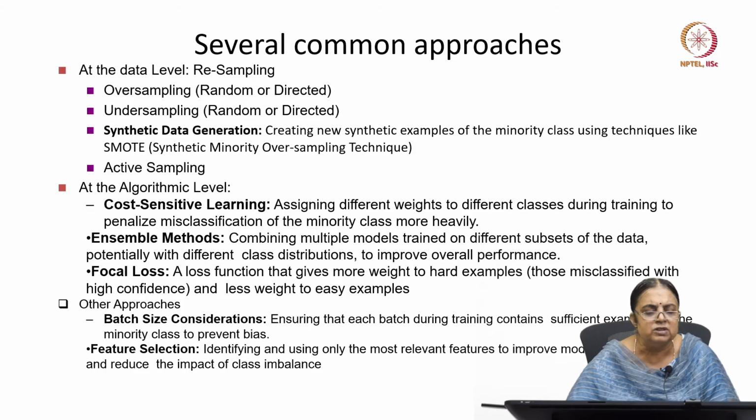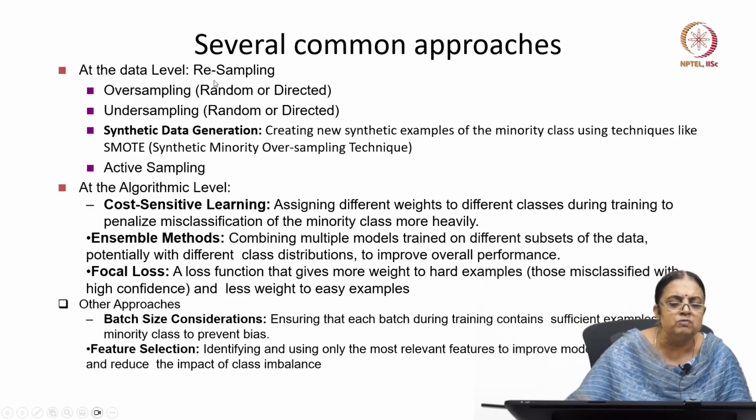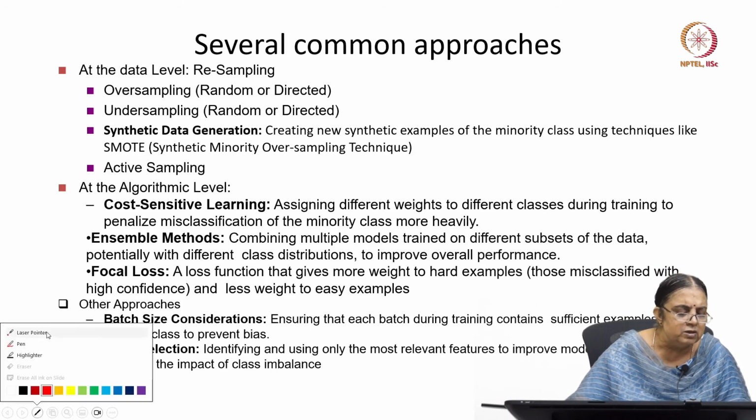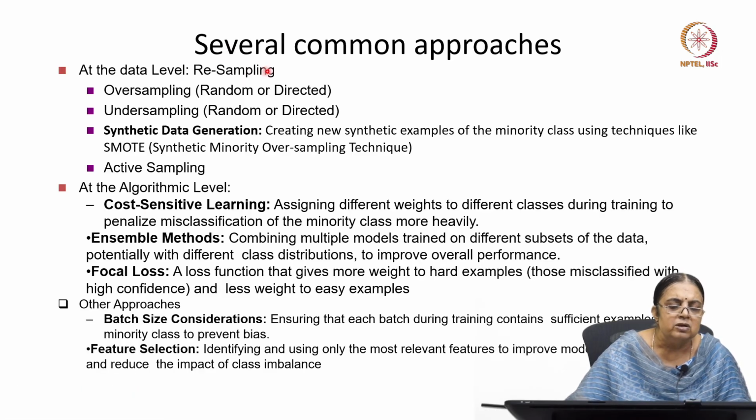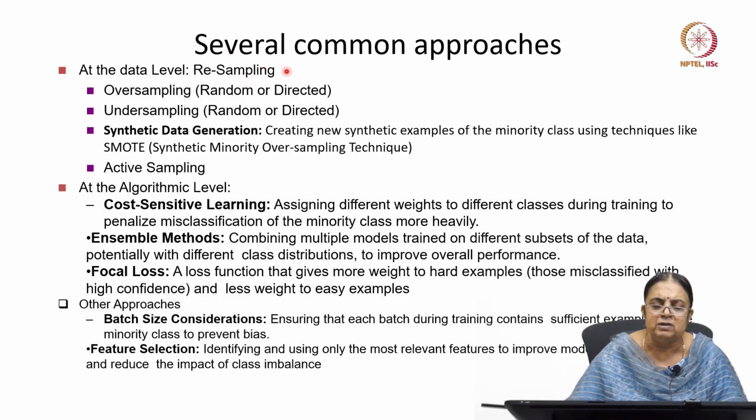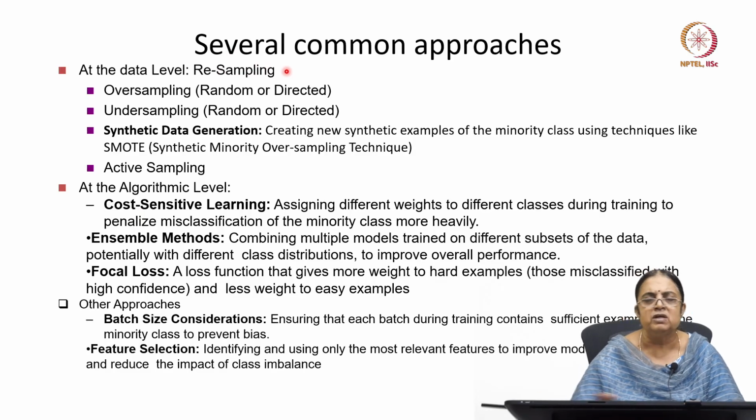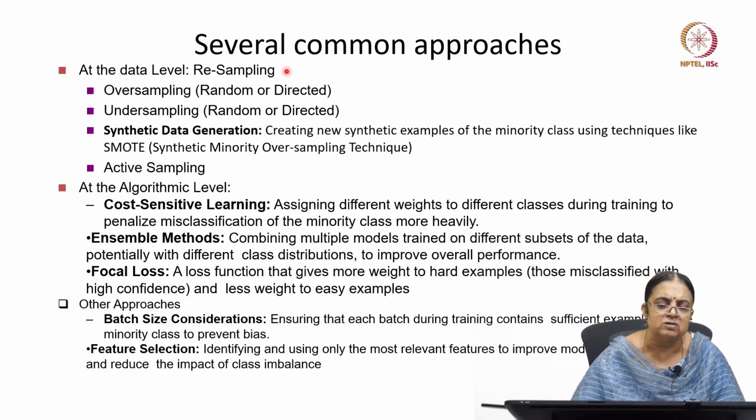Generally, the first type of approach is what is called the resampling approach. In the resampling approach, you are going to add patterns or remove patterns so that you can balance the data set.